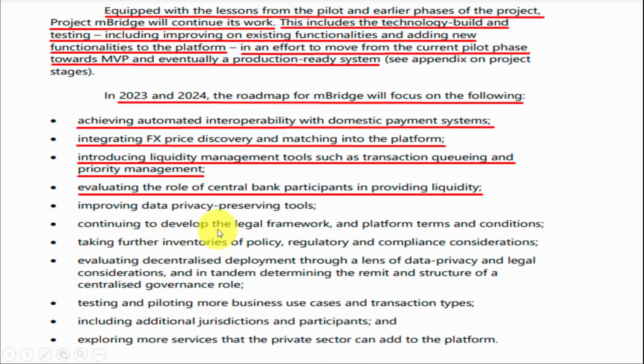So basically, you can see that in 2023 and 2024, the roadmap for Project mBridge still involves a lot of development, but it's definitely going to be a cross-border payment solution that isn't XRP.